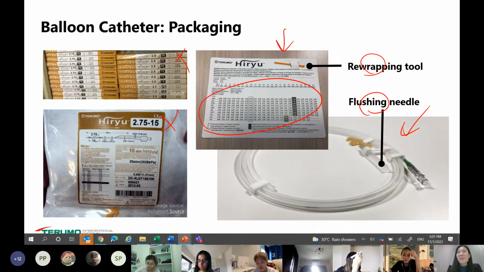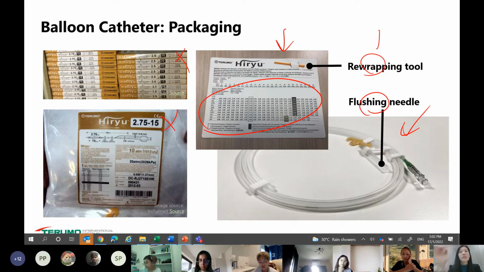As I mentioned, devices may not be used just once. Devices can be repeatedly used, sometimes to save cost. If I want to treat more than one vessel, I can put in this balloon, leave it aside in my tray of saline with heparin, and soak it there. Then for my next vessel, I take it out and use it again. But once you open the balloon, it gets bigger, and I want to keep it small so that I can insert it into the next lesion.